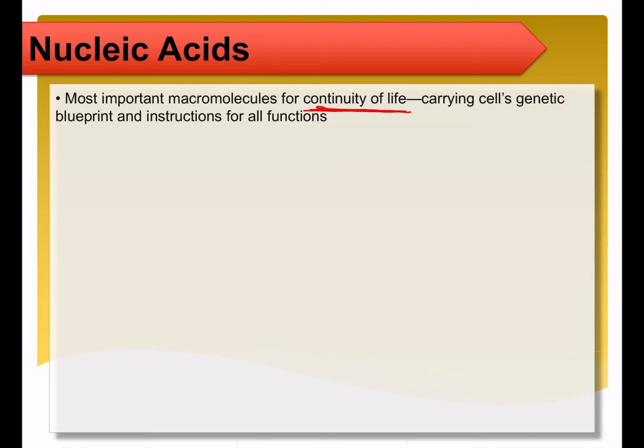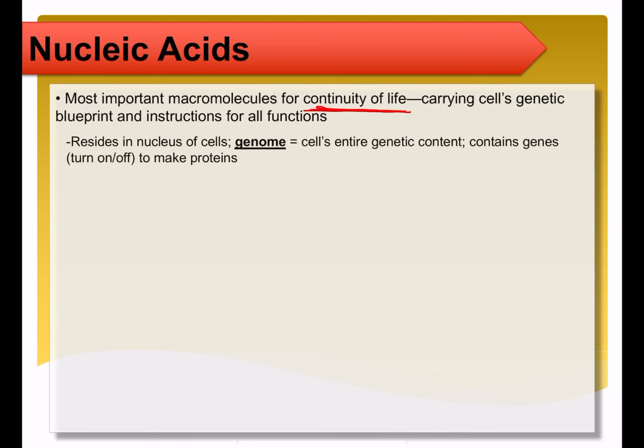Okay, so nucleic acids are located within the cell's nucleus. Even if you've never talked about biology before, you kind of know that there's a center of the cell. Here's a cell, and the center of the cell is usually called the nucleus. Within the nucleus is where we have our DNA molecules, or nucleic acids.